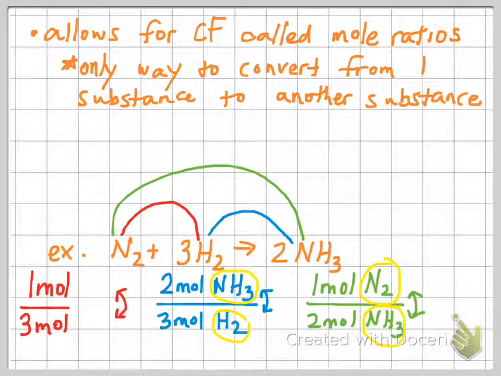So what you're going to see as we talk about stoichiometry and doing these stoichiometric calculations is it's going to be very important that you have the substances written as well. You can't leave those off in your conversion factors.